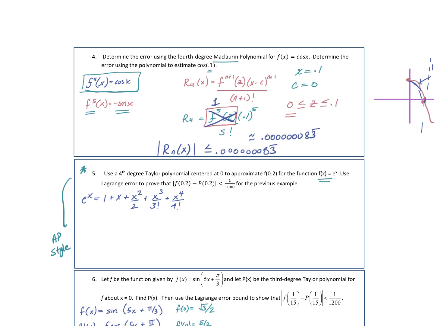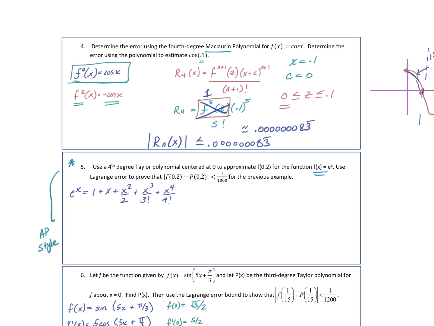So this says, use the Lagrange error to prove that f of 0.2 minus p of 0.2 is less than 1 over 1,000. Students struggle with this. First off, just know that that's asking for error, even if you don't understand it. But I do think we could say that the polynomial plus the error, or the remainder, is equal to the function, right?